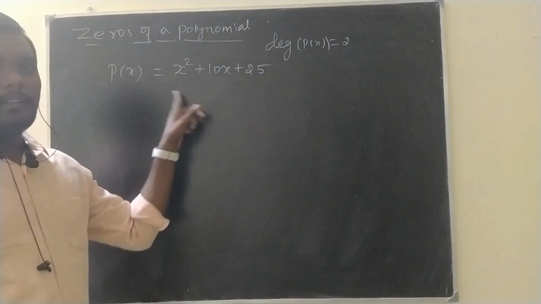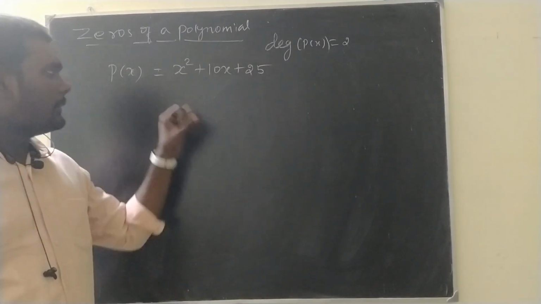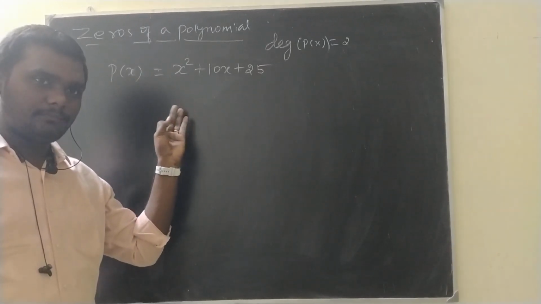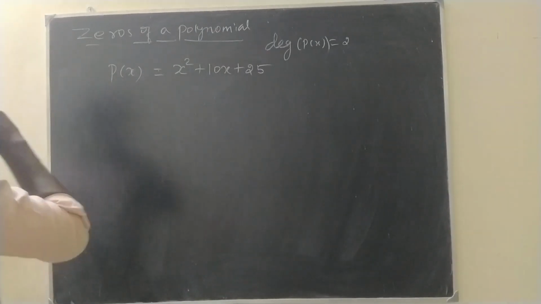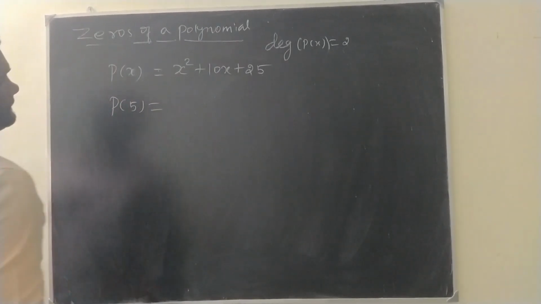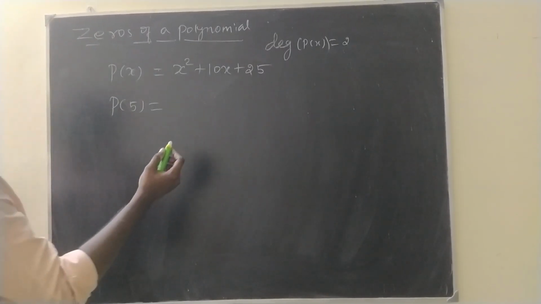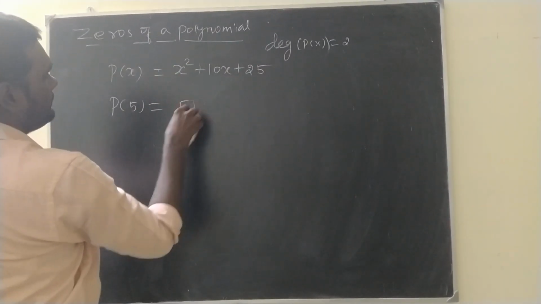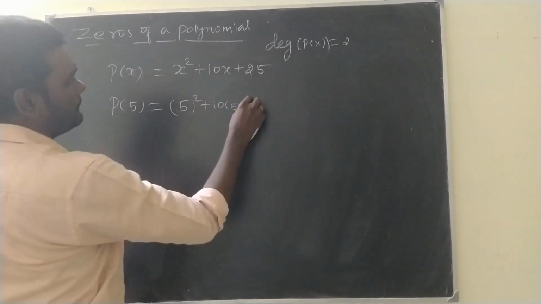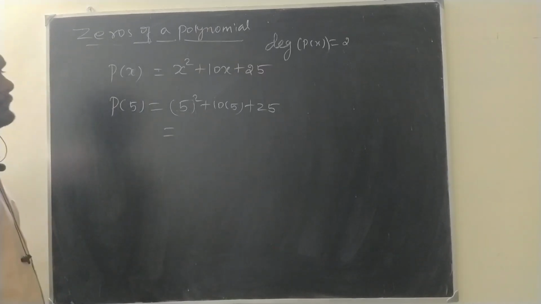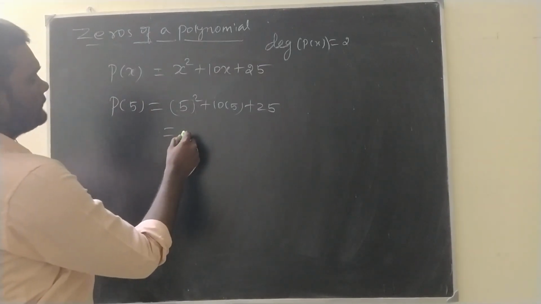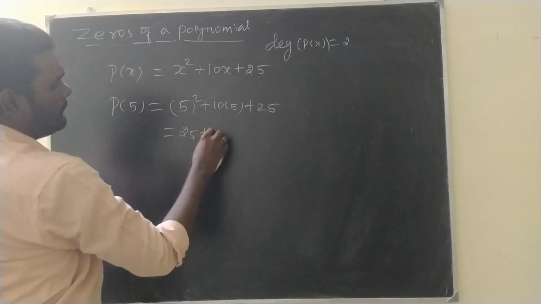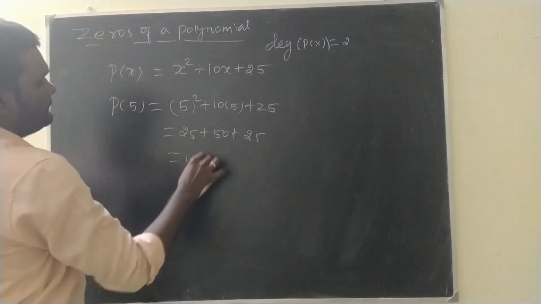This has at most 2 zeros, I said. Sometimes we may substitute 0 as well. Now I am substituting here 5. P of 5. What am I getting? 5 square plus 10 into 5 plus 25, that is 25 plus 50 plus 25, 100.